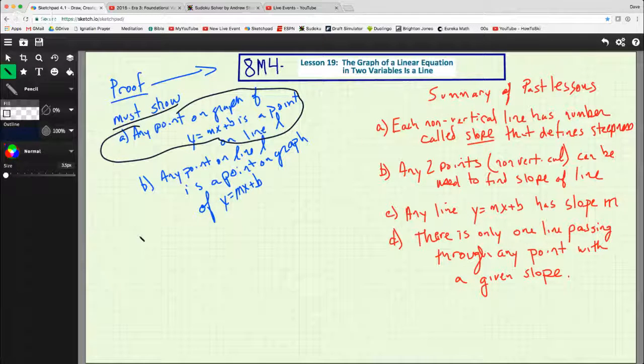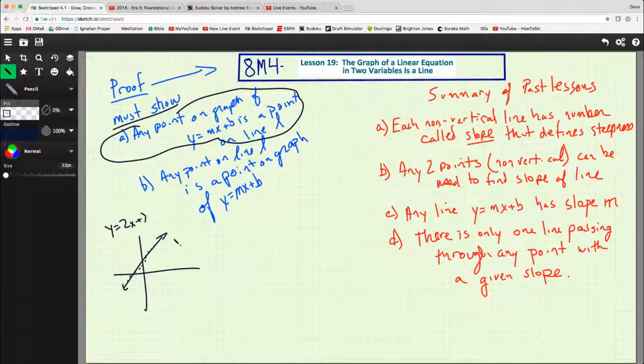In other words, you have to say that any point that fits this equation, say y equals 2x plus 3, any point on this graph is on this line.